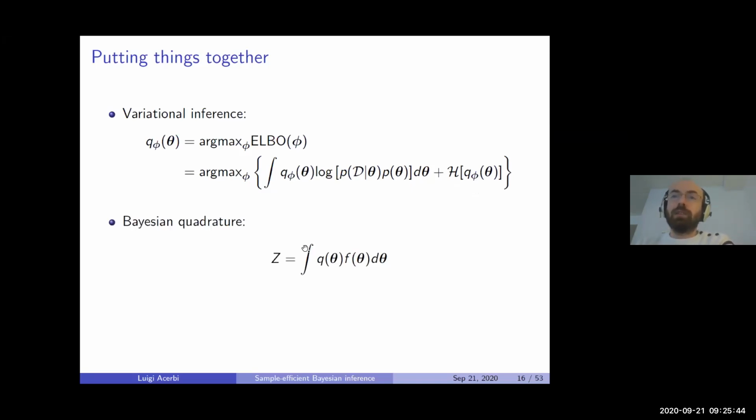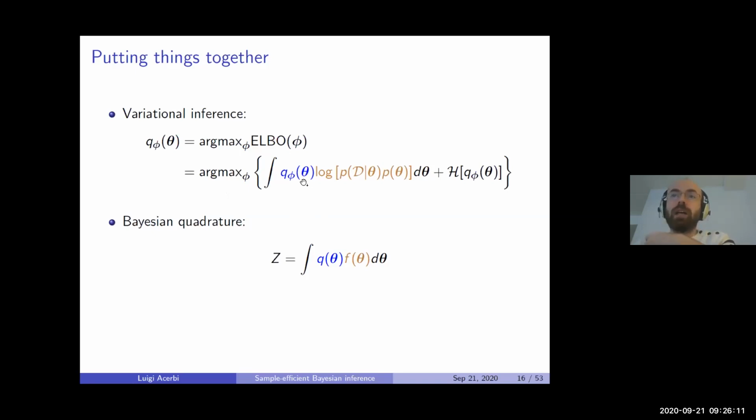And in Bayesian quadrature, I'm just copy pasting from the previous slides, this integral here. If you look long enough at these two equations, you notice that they have similarities. In particular, I'm using color to spot them. So we can use Bayesian quadrature to compute this integral here, because the q of phi that I mentioned before is a posterior distribution we decide, the approximation we're using.